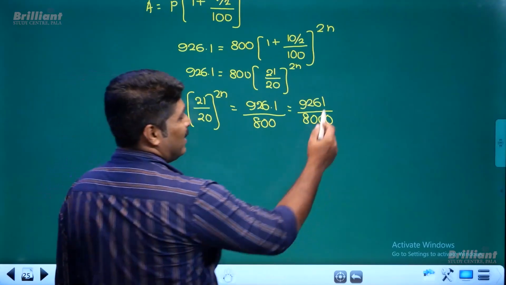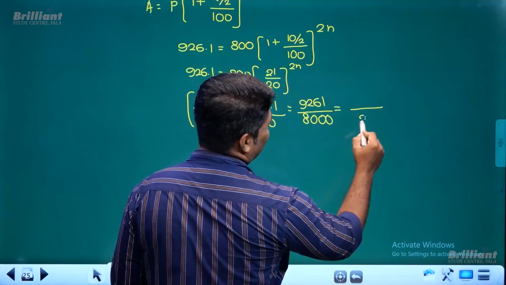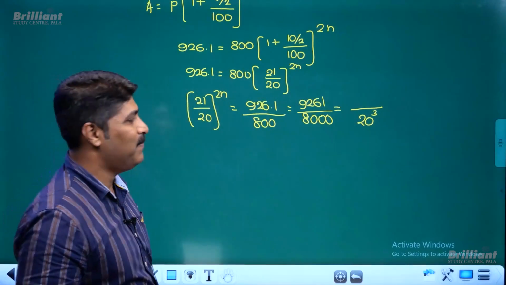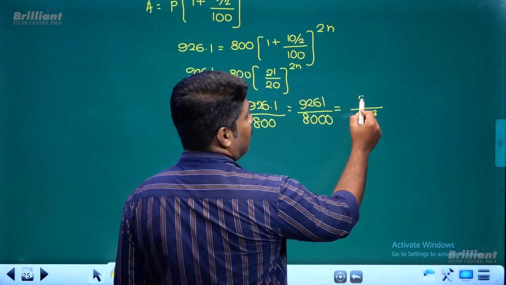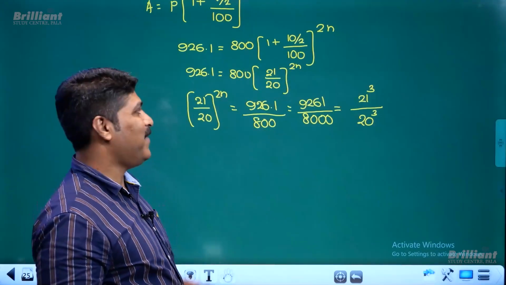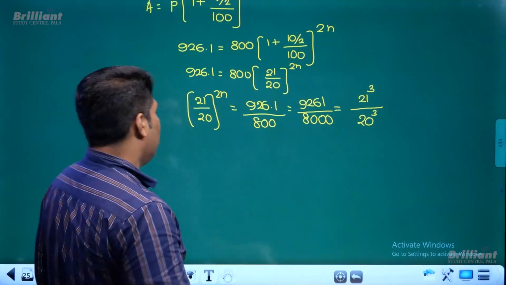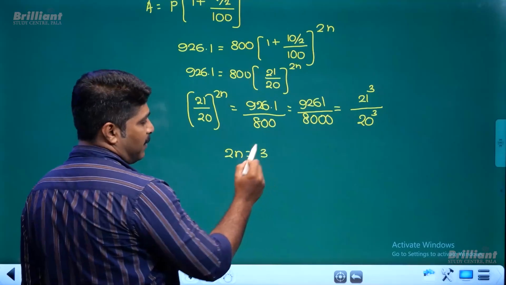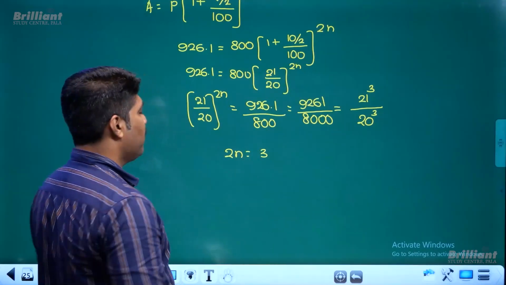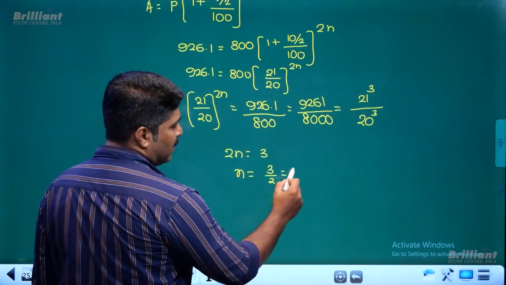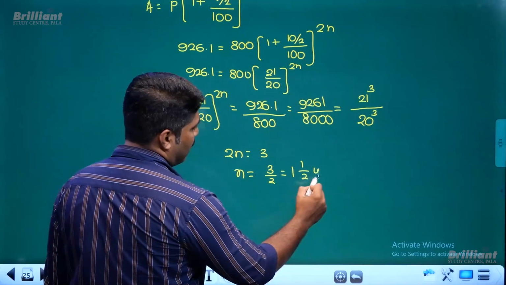As we know, this denominator is 20 cube. Therefore, usually the numerator may be the cube of 21. Like that we can directly reach. So therefore, we got 2n equal to 3. Therefore, n is equal to 3 by 2, that is 1.5 years.